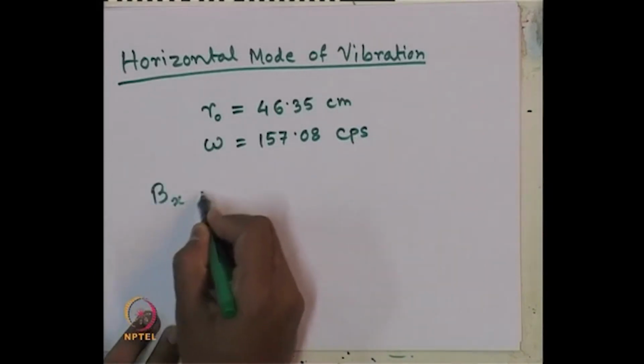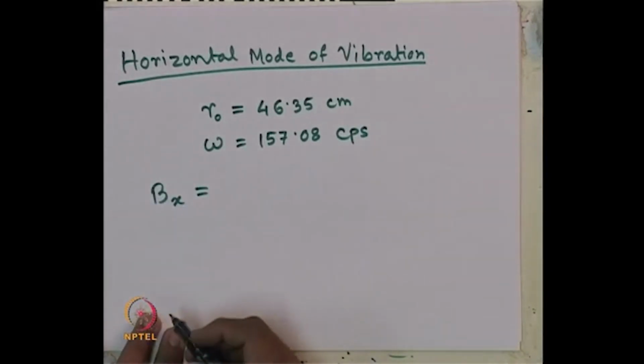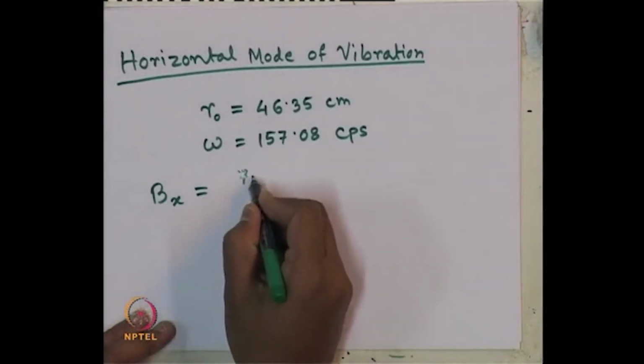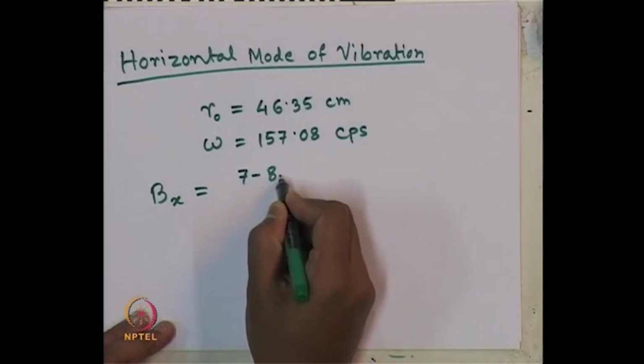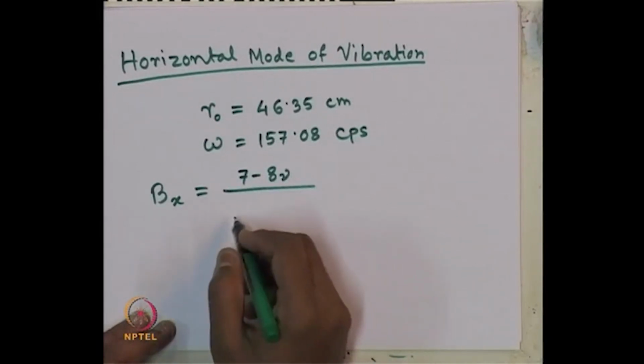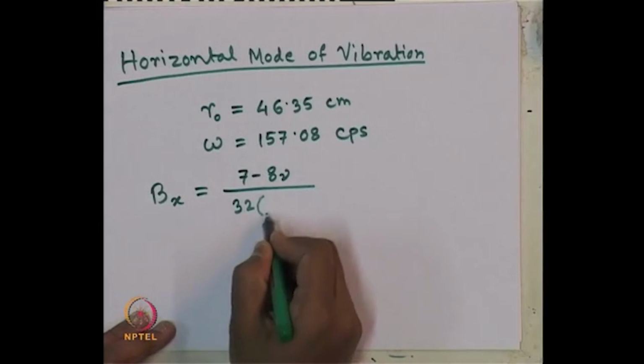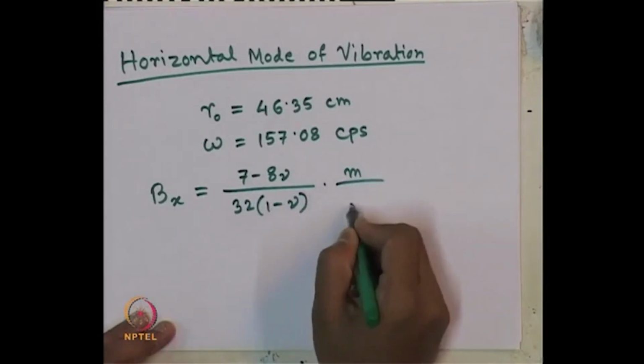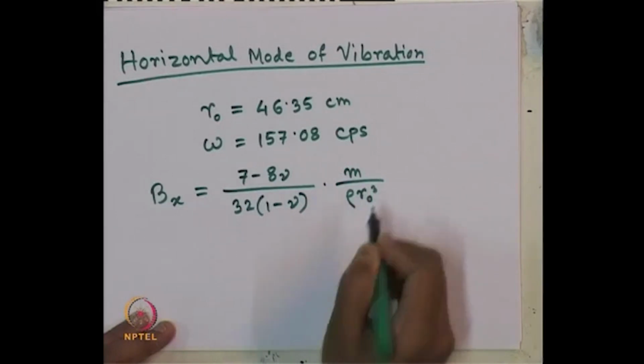Now, the modified mass ratio capital B x, what is the expression? 7 minus 8 mu by 32 times 1 minus mu into m by rho r naught cube.